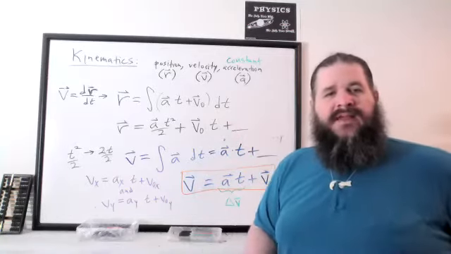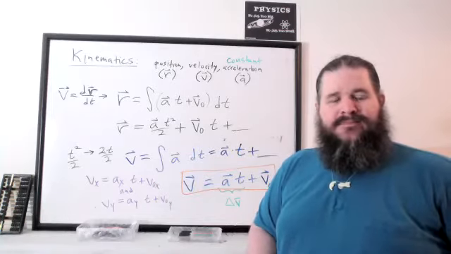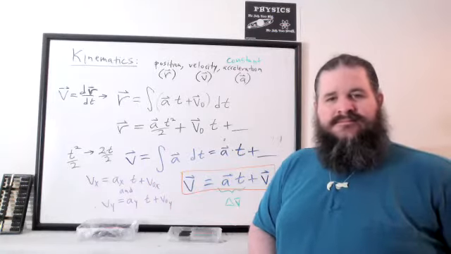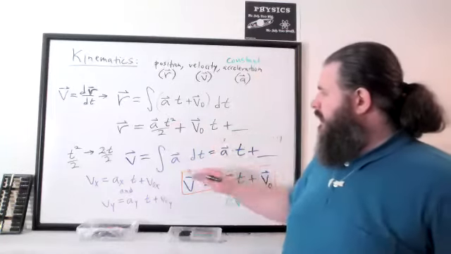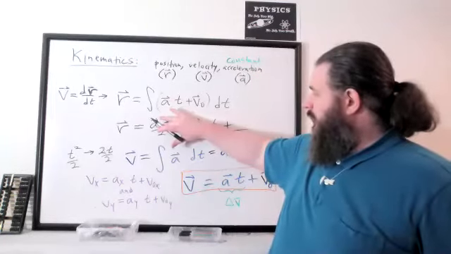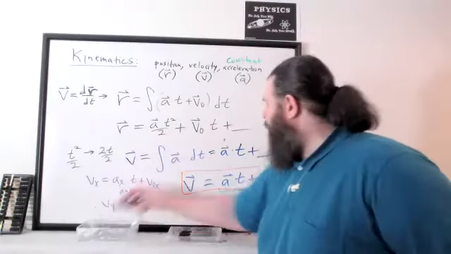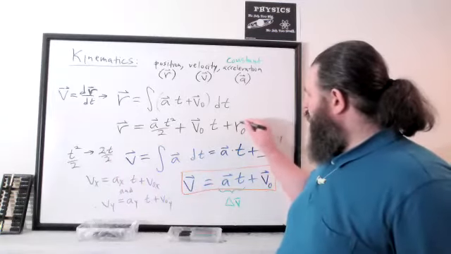And what would you expect that constant to represent? Yeah, the initial position. Again, because you could plug in 0 for t, that means these will both be 0. So this constant is the position at time 0. So initial position, r sub 0.